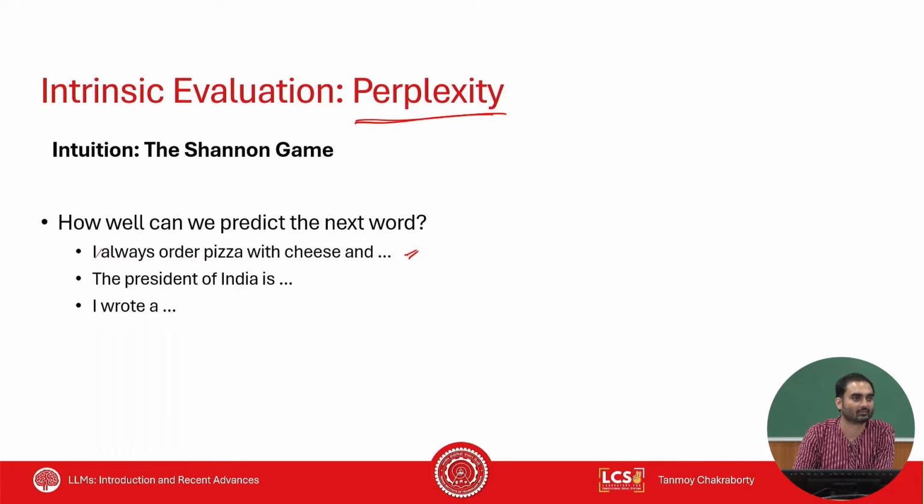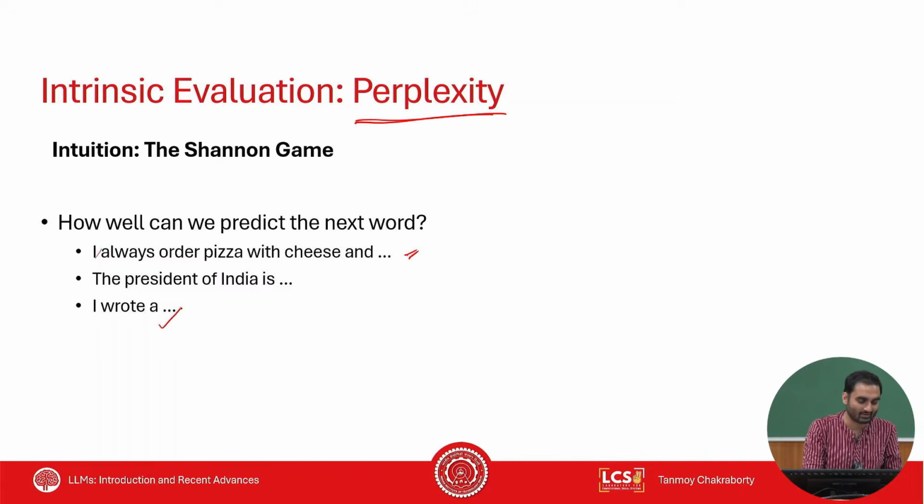Mushroom, maybe cheese and mushroom, or cheese and, what, corn? Something like that. The set of vocabulary from which you choose the answer would be limited, maybe 5 words or 10 words or 15 words, not more than that.